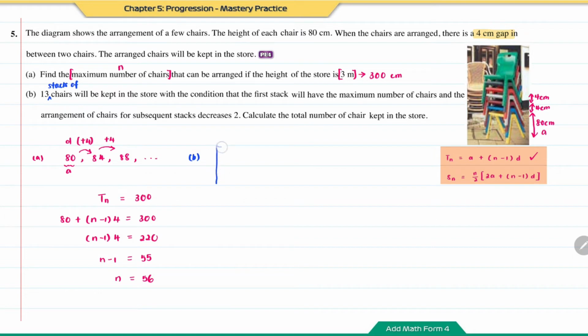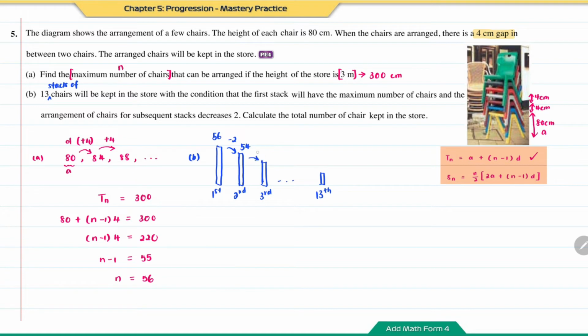So the first stack here is going to have the maximum number of chairs. So let's say this is the second one and this is the third one until the 13th stack of chairs. The first one we're going to have 56 chairs, which we already found as the maximum number of chairs in A. And the second stack is going to be decreased by 2, so next we're going to have 54 chairs.